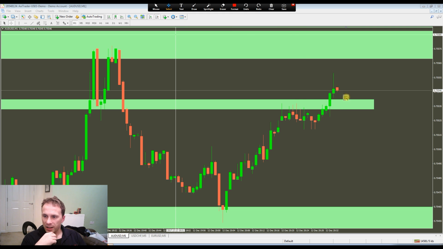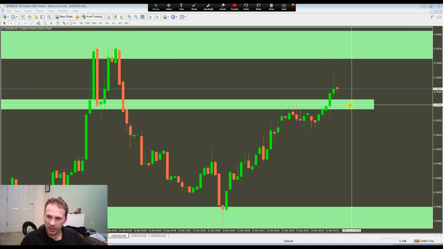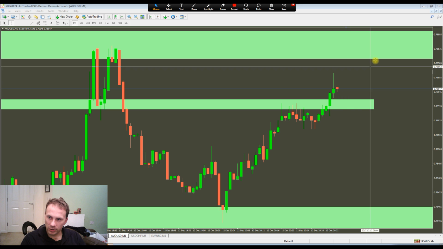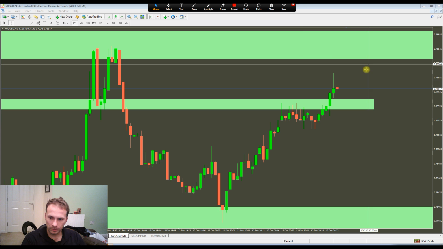If that price comes back down to here, and then bounces back up there, that could be again a nice quick 5-minute trade entry.